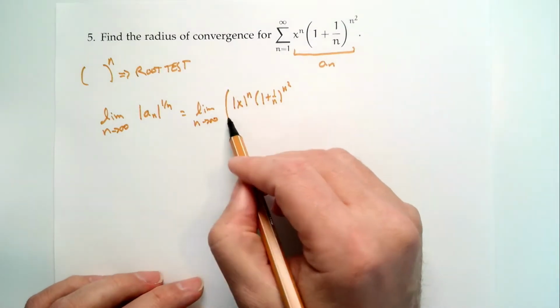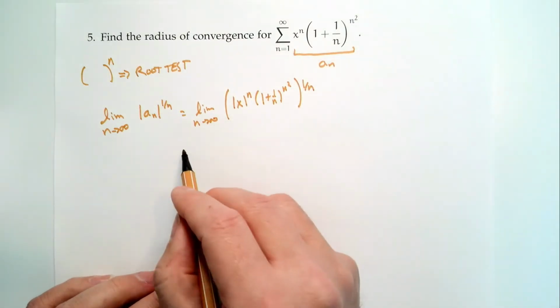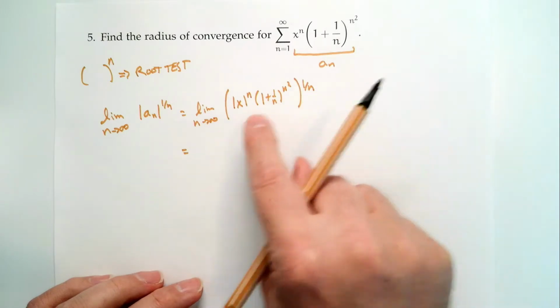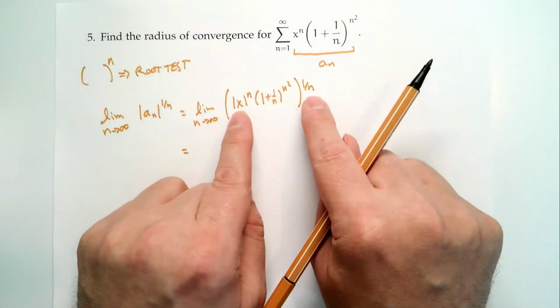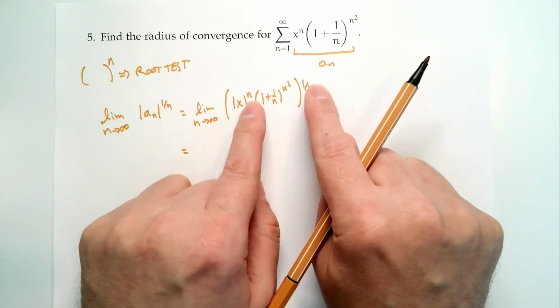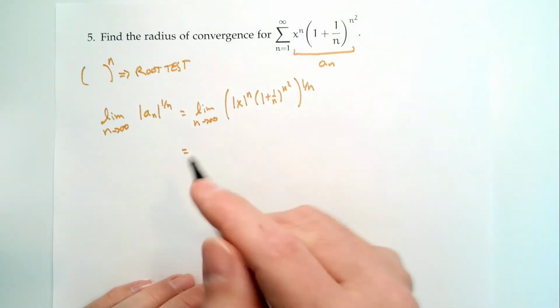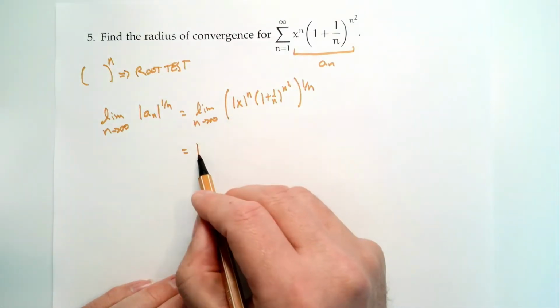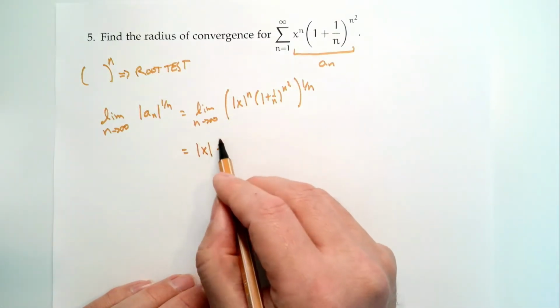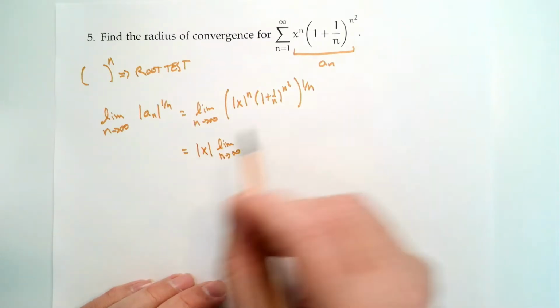And I'm going to take all of that to the power 1 over n. Do them separately. Absolute value of x to the n to the power 1 over n: you multiply the exponents together, n times 1 over n becomes 1, which means you'll just have a single absolute value of x. Go ahead and pull it outside the limit.